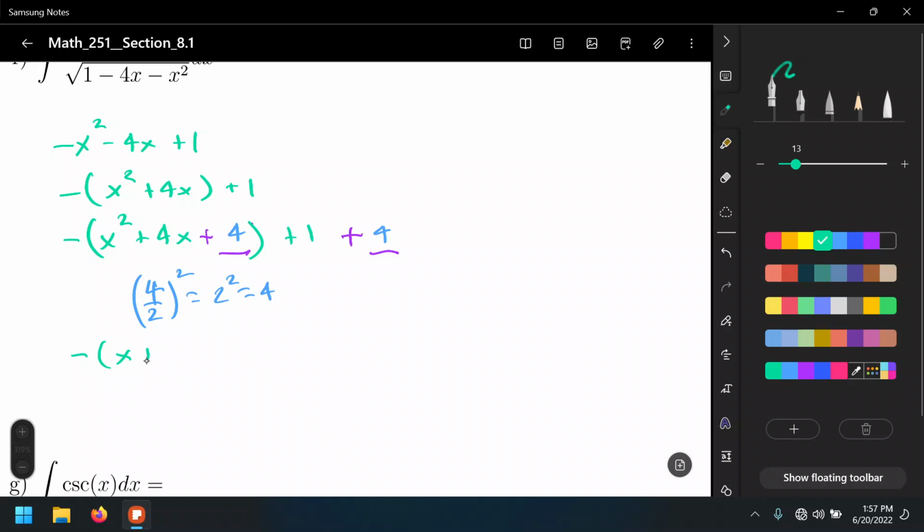Minus x plus 2 squared, that is the square root of the first term, the sign of the middle term, the square root of the third term. The whole thing squared as a binomial, and 1 plus 4 is not equals, it's actually plus 5. I'm going to write it in the reverse order. 5 minus x plus 2 quantity squared.